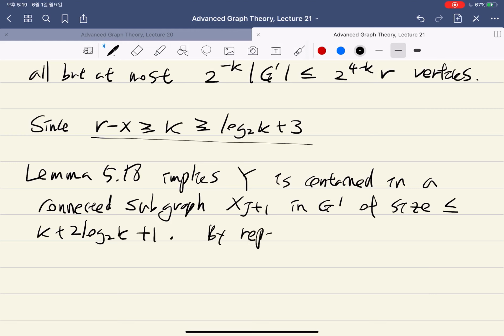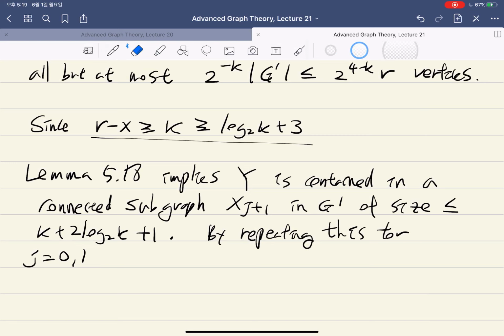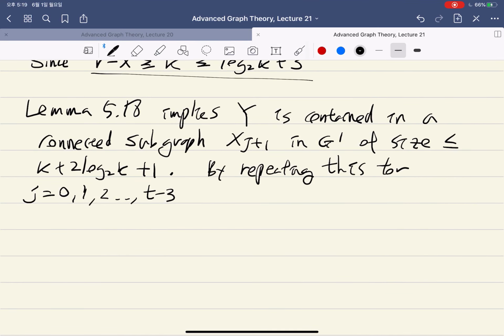So by repeating this for j equals 0, 1, 2, up to t minus 3, the subgraphs x_1 to x_{t-2} can be found.